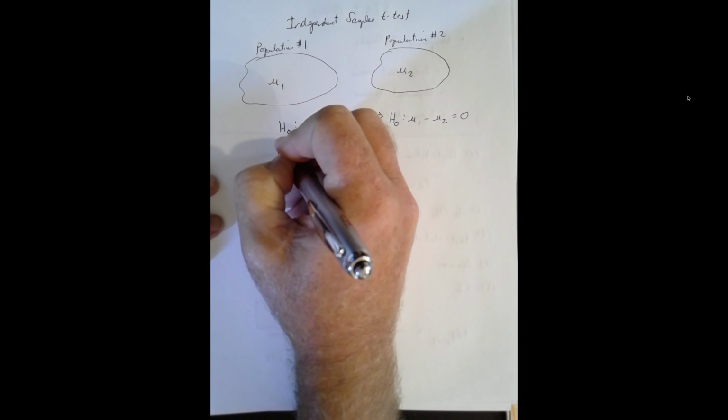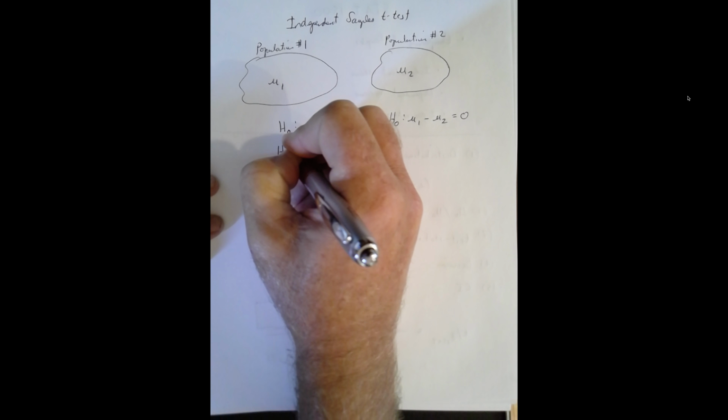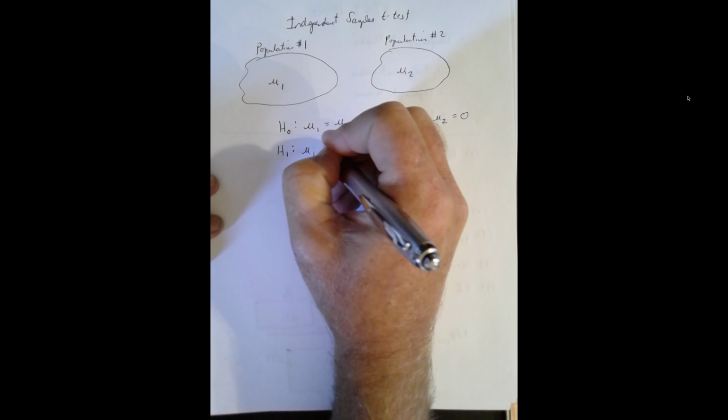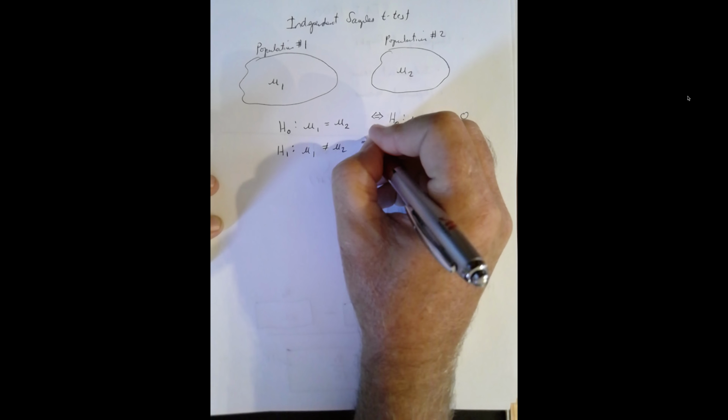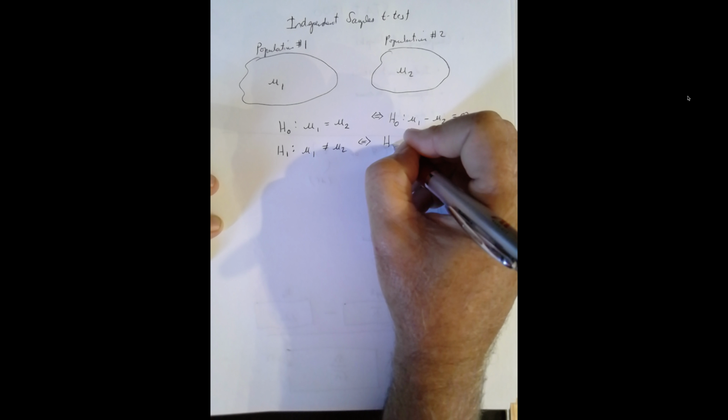The H sub A, I'm going to go with 1 just to make the author happy, I guess. We would assume that these two are not equal to one another. And guys, this is equivalent to saying that the difference is not equal to 0.